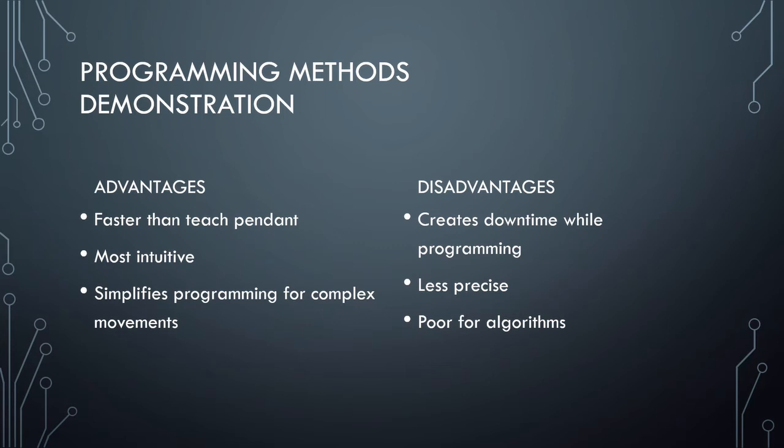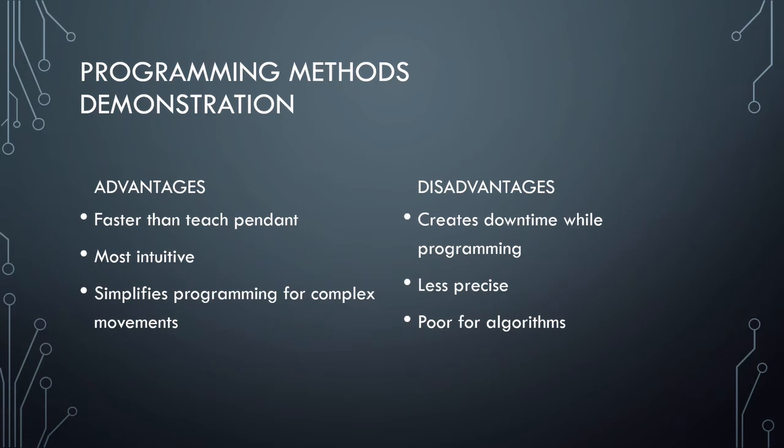It's great for that, but for other movements, as you're just moving through those motions, we're not always very precise. It will be mimicking the human motion. So it may not always be, for example, a perfectly straight line or a perfectly smooth curve. There could be a little bit of wavering in there. It's also not great for algorithms.